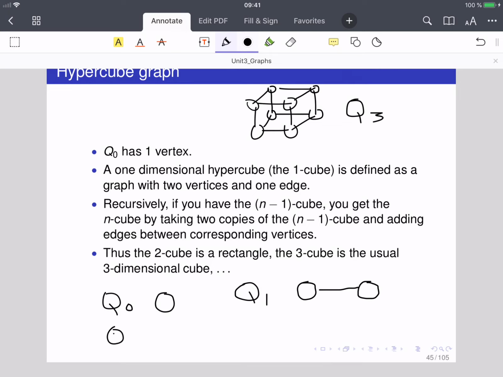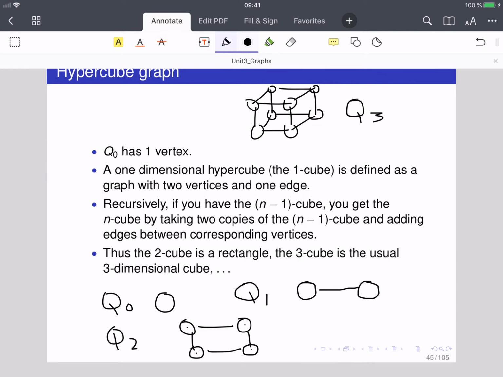Now to form Q2, I make two copies of Q1, and I join the vertices which are the same in both graphs. Okay, so this one with this one, and we take Q2, which of course is a square. Okay, that is the idea that we have of a cube in dimension 2.